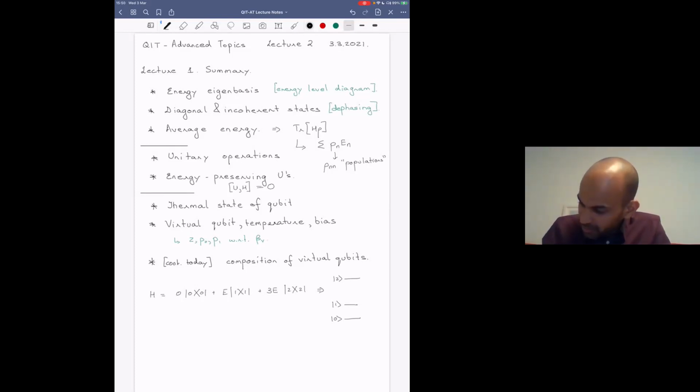So we started from the thermal state of an actual qubit, but we were able to conclude that if you are given any state of a qubit that is diagonal in energy, then you can always associate a temperature to it by simply taking the ratio of the excited state population by the ground state population and matching it to the Gibbs ratio, essentially defined by a virtual temperature and an energy. So once you know the Hamiltonian of a qubit and you know the populations of the ground and excited state, that essentially fixes the temperature for them.